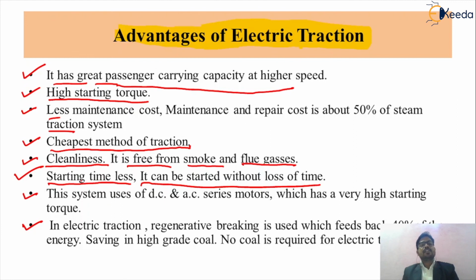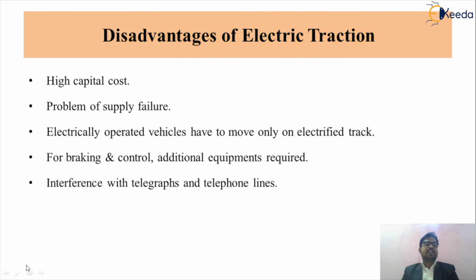So friends, in spite of these different advantages of the electric traction system, it has some disadvantages. So let's understand what the different disadvantages of the electric traction system are. First of all, we want to understand the basic disadvantage. In the electric traction system, we are using different types of electrical motors, so the cost of the electrical motor is very large.